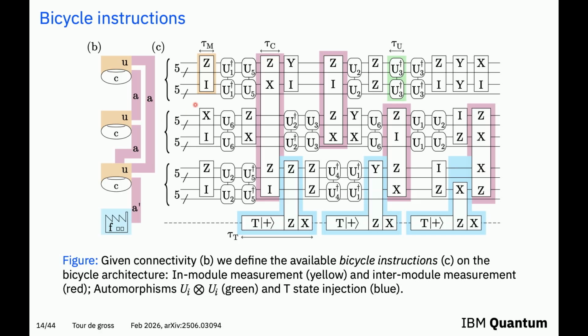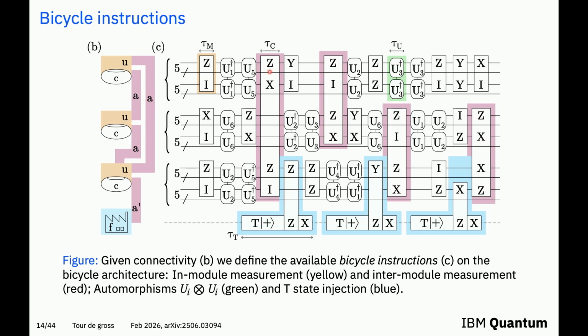The first such measurement is a so-called in-module measurement. We're able to measure qubits 1 and 7 in a module with an arbitrary Pauli string. The second thing we can do within a module is 6 types of automorphisms and their conjugates. These automorphisms act symmetrically on the first 6 and the second 6 qubits.